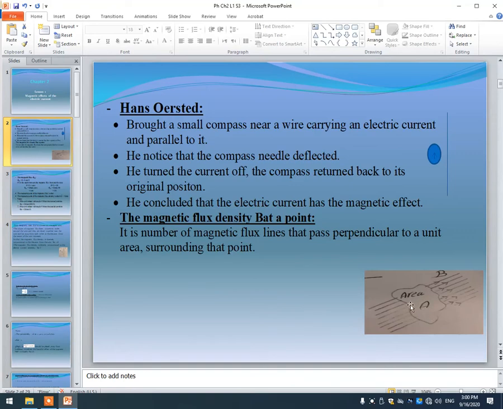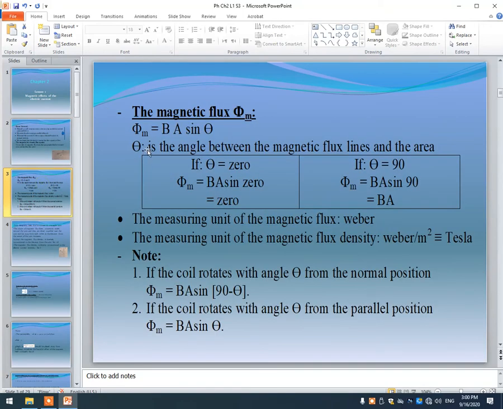And theta is the angle between A and B, the angle between the magnetic flux lines and the area.